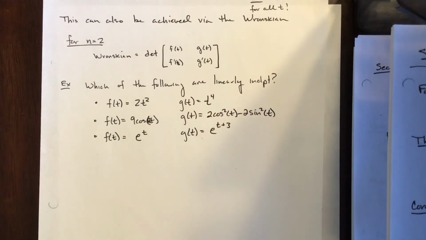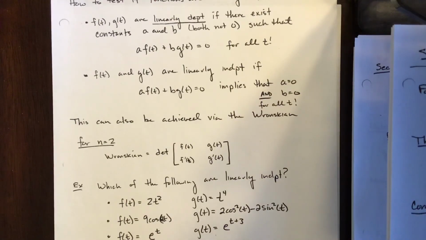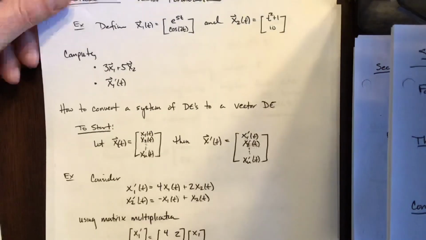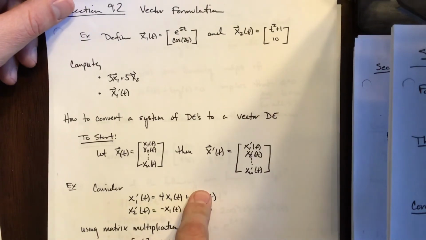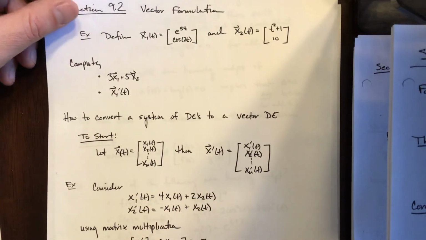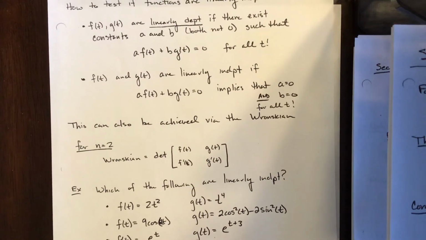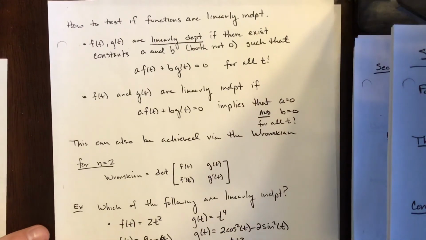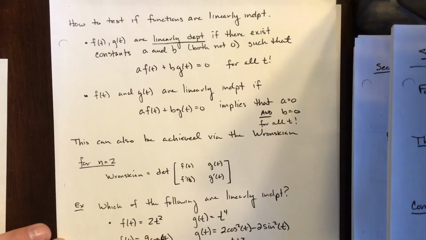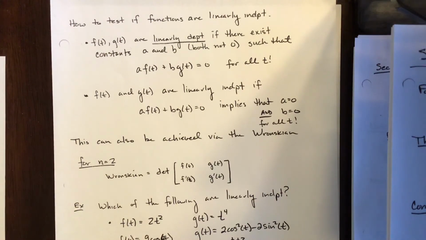All right, so that was probably the most complicated one I could give you. And again, in this section, the very important part is converting a system of differential equations to a vector differential equation. This right here is something I would say is more intuitive to students, knowing when functions are linearly independent and when they aren't. I think we've even said it earlier in lecture, with two linearly independent functions, we kind of knew what we were talking about.